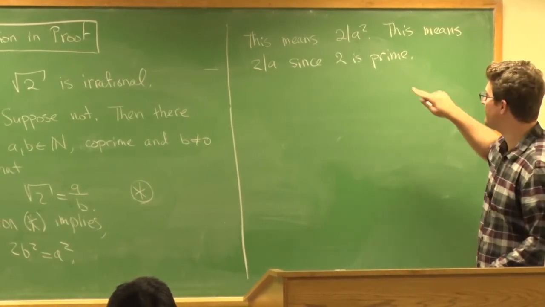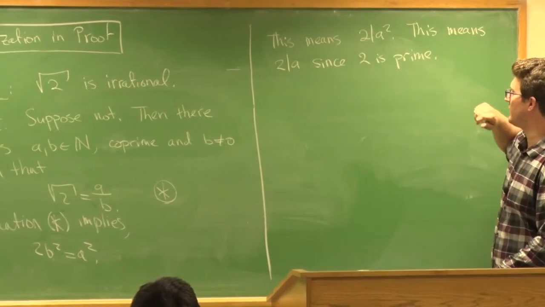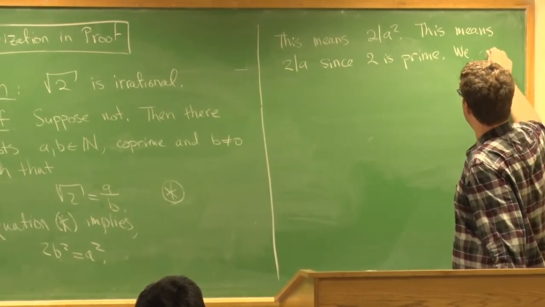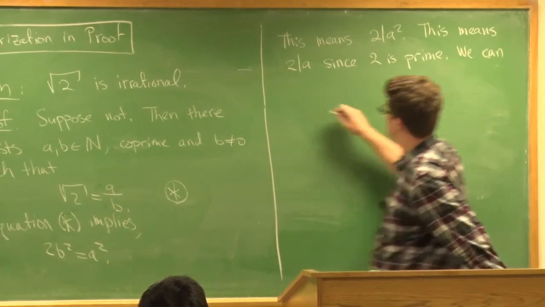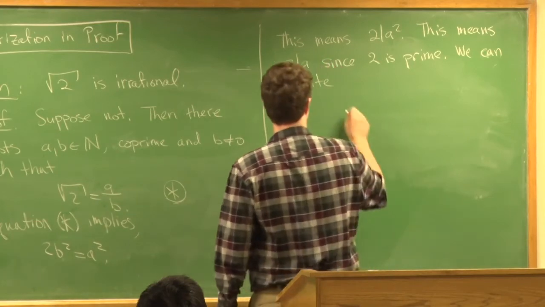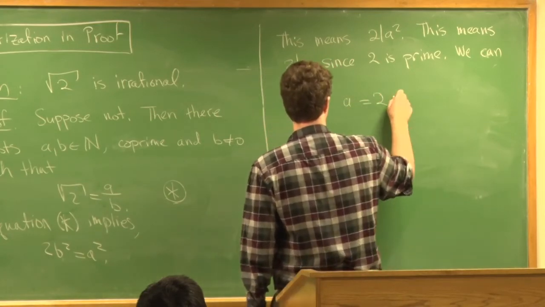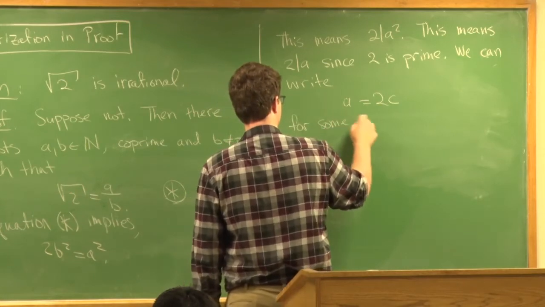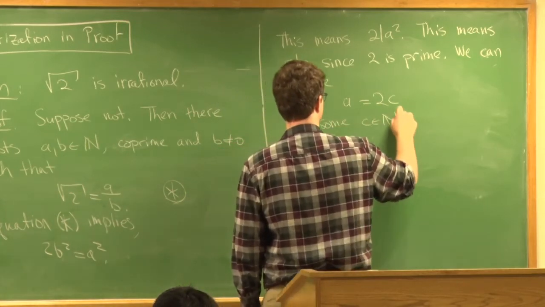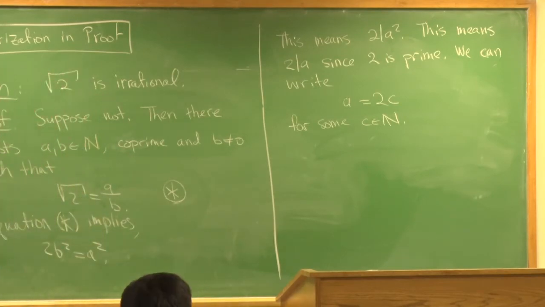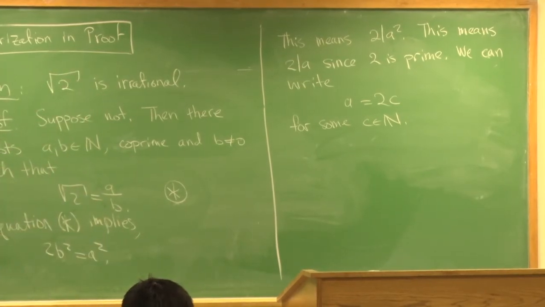Okay. So since 2 divides a, we can write a is equal to 2c for some c in the natural numbers. Do you guys agree with that? Okay, that's the definition of divisibility.